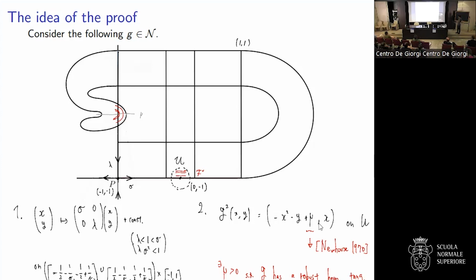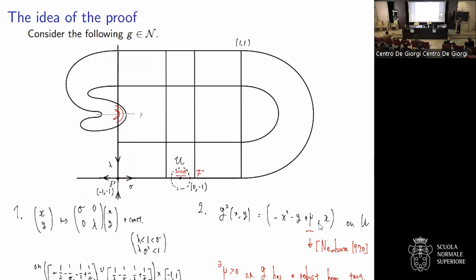Yes, and the good point of this Newhouse example is that if your orbit comes into a small neighborhood of (0, -1), which I denote by U, then the 2 iteration of your map is very simple, like this. So your unstable foliation goes to this quadratic curve, this curve goes to this curve.